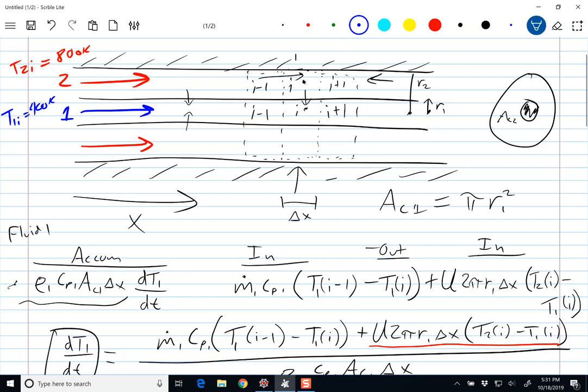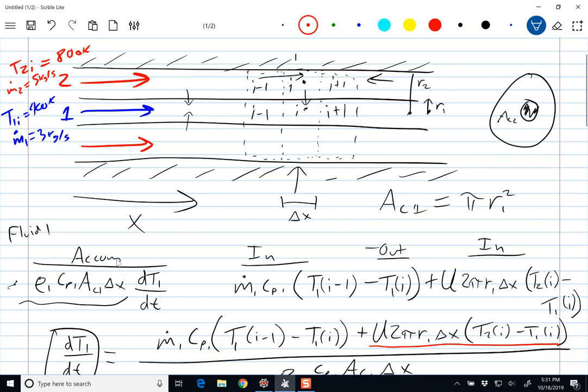And we're going to set them up so they have different flow rates as well. The flow rate for the inner fluid will be m.1 equal to 3 kilograms per second. And for this outer fluid, we're going to use m.2 equal to 5 kilograms per second.